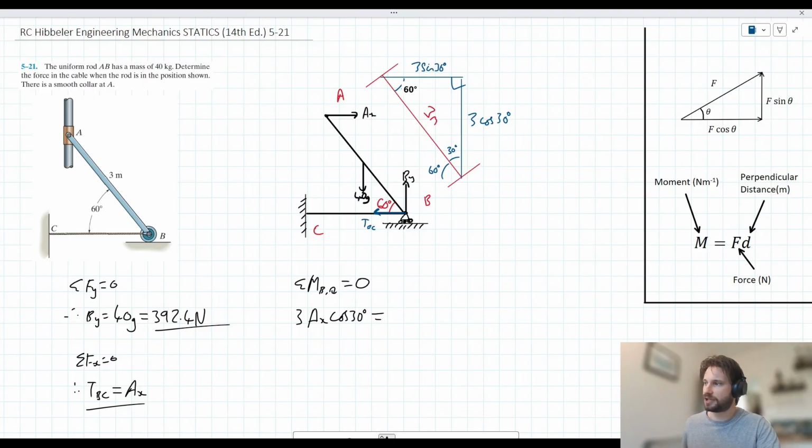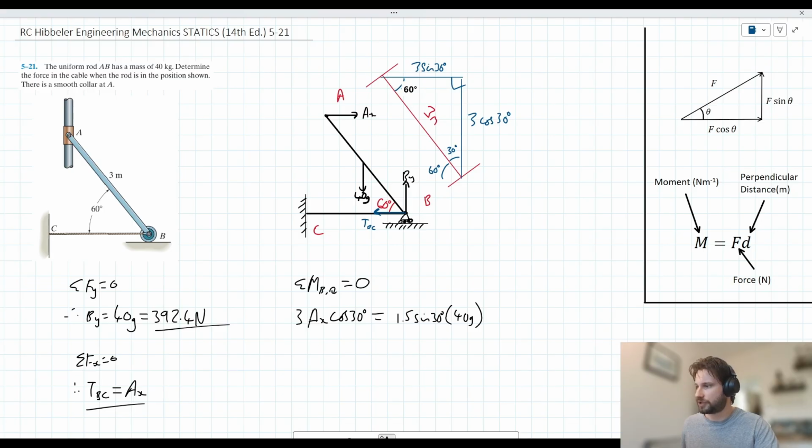Let's move on to the anti-clockwise moments then. So we have an anti-clockwise moment about B produced by this 40g force here. We note that it's half this perpendicular length here. So I'm going to describe that as 1.5 sine 30 times 40g. So that's our moment there.